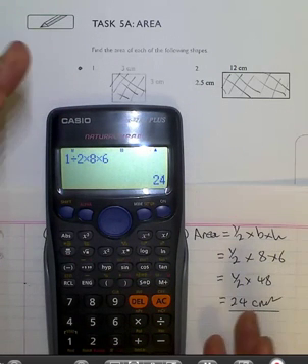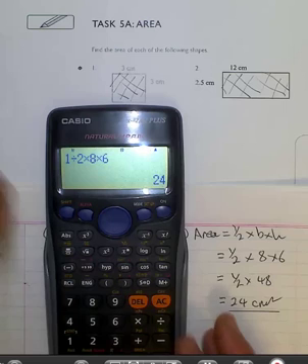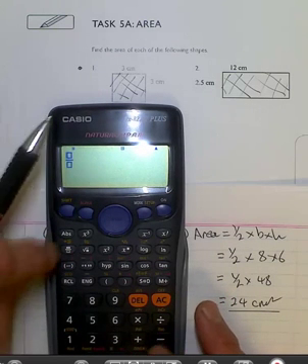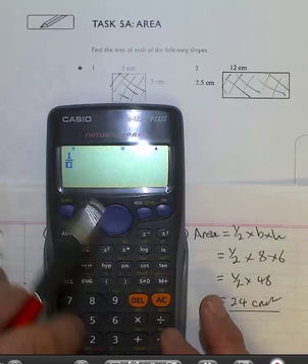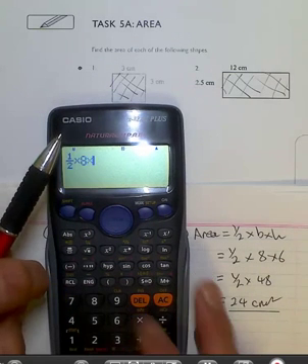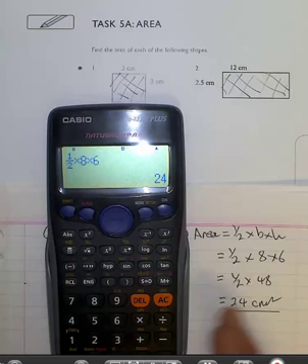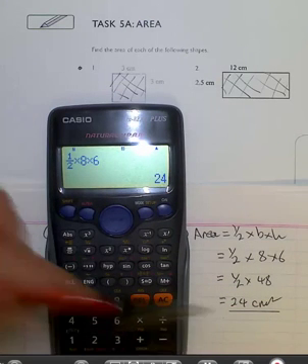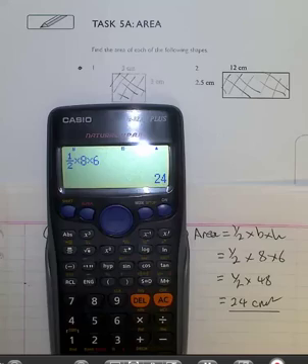You're most welcome to use a calculator as you go. If you're really worried by the fraction, you've actually got a fraction key notation you can enter. And then that times 8 by 6 gives 24 squared centimetres. Please don't forget to put the units in as you do these questions.